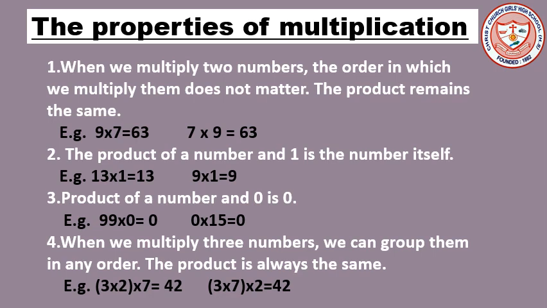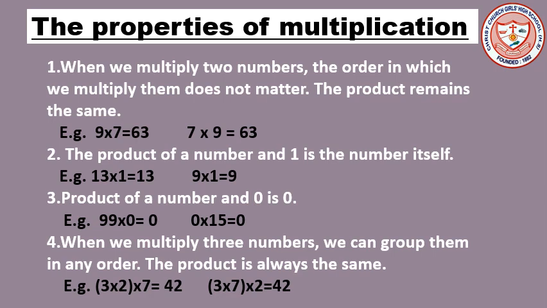Here we can group them in any order. Right? So we can write it like this: 3 into 2 into 7, or 3 into 7 into 2. But in both cases, the product is always the same. You can see that in both cases, we are getting the same product, that is 42.